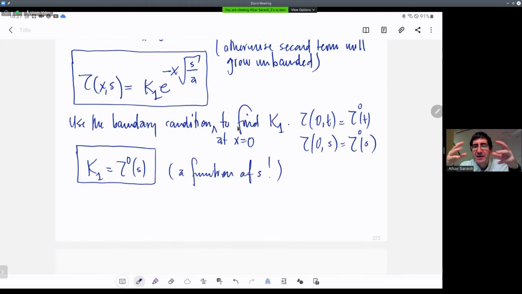Bu steady state'in üstüne biz boundary'e bir fonksiyon uygularsak, unutmayın boundary condition hala zamanın bir fonksiyonu. Dolayısıyla steady state'e gelmiş bir sisteme ben boundary'de zamanın bir fonksiyonunu uygularsam, bu sistemin içinde steady state'in üzerine transient olarak ne oluyor? Bunu bulmaya çalışıyorum.